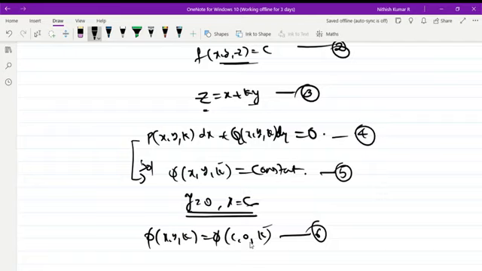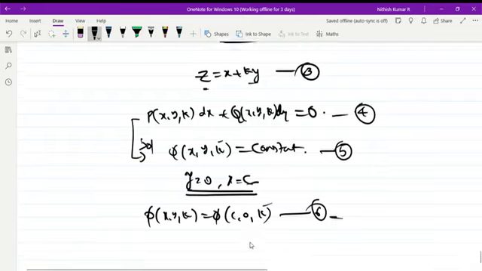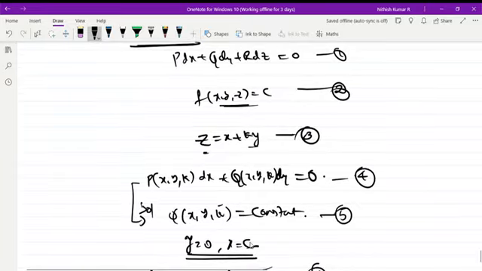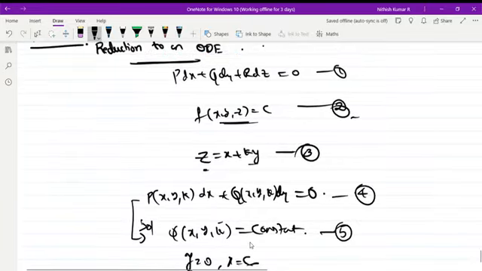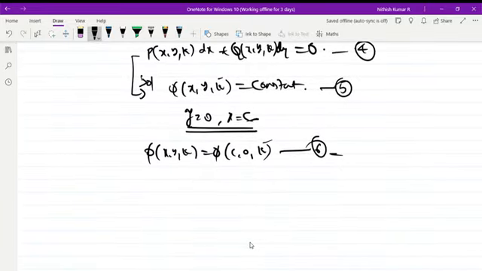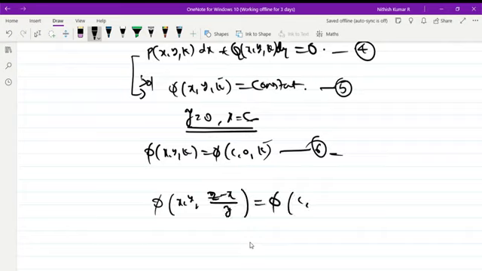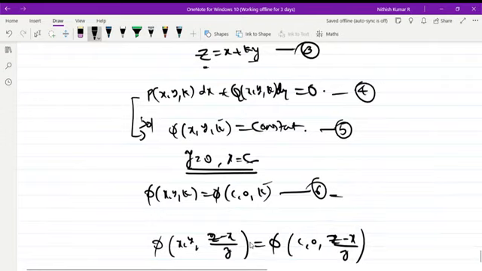So if we eliminate k from equation 6 and equation 2, we get the integral surfaces, that is phi(x, y, (z - x)/y) = phi(c, 0, (z - x)/y). So it will be the solution.